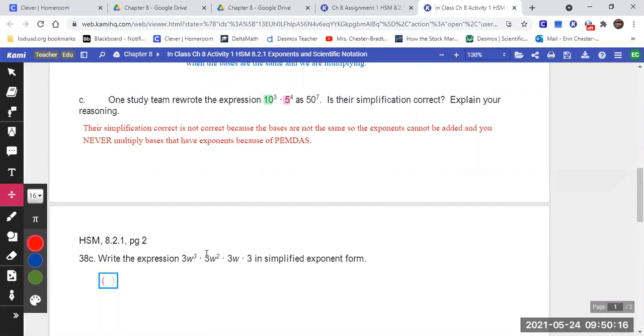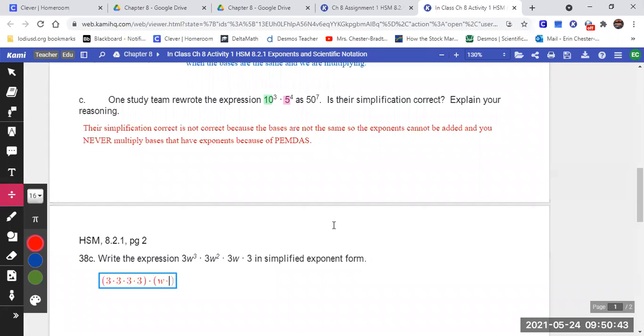How many 3s do I see right here? How many 3s do we see right there? If I look at all the pieces, 4 of them. So that's going to be a 3 times a 3 times a 3 times a 3. There's 4 of them, right? And they're going to multiply by. How many W's do we have altogether?